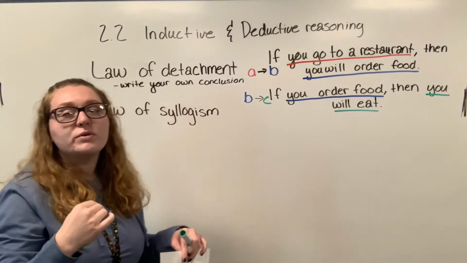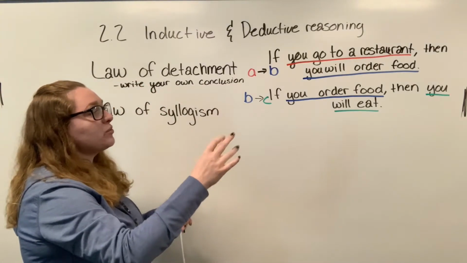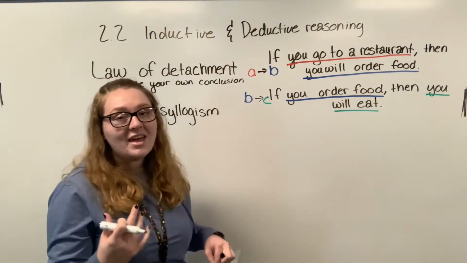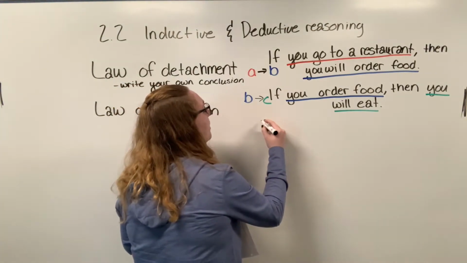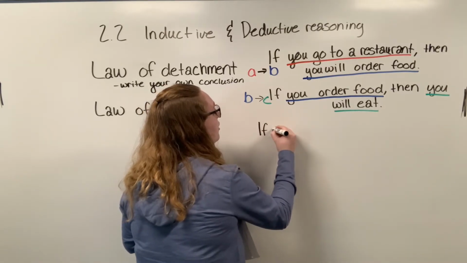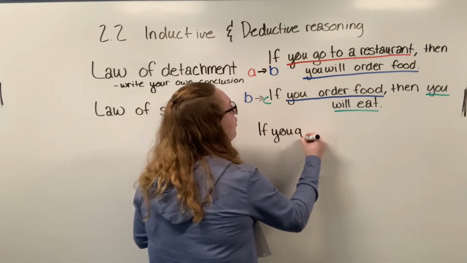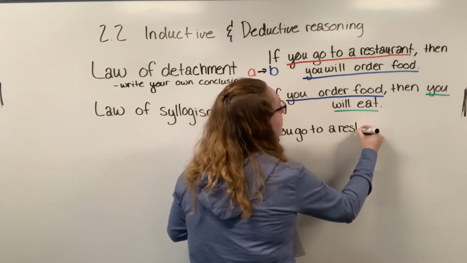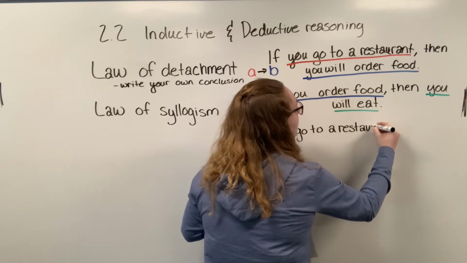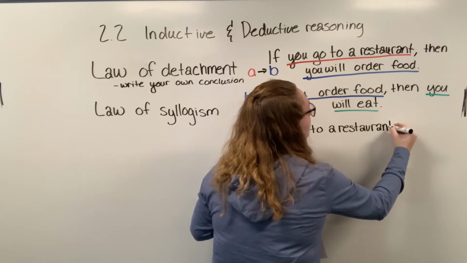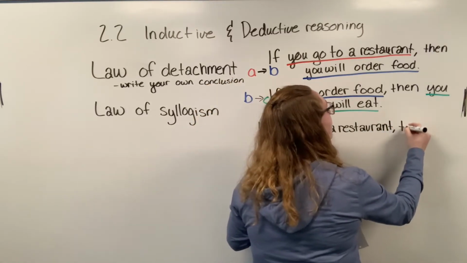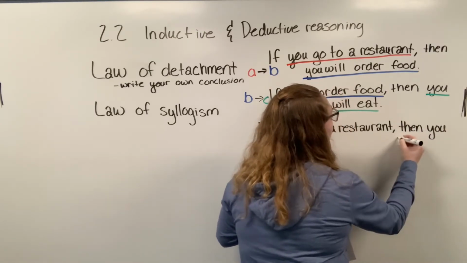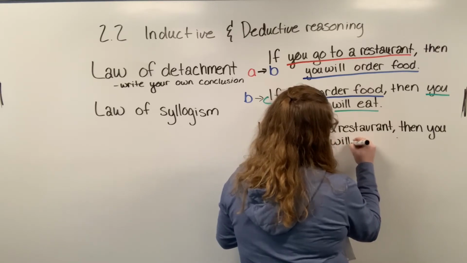What we want to do is we want to go from A to C. So we're gonna completely cut out that step that says you will order food. And that's gonna look like: if you go to a restaurant, then you will eat.